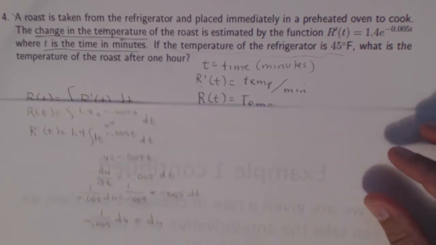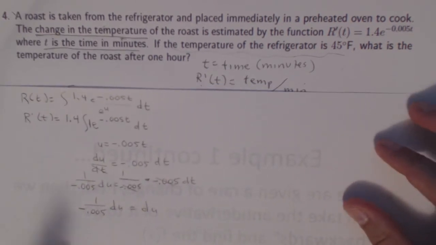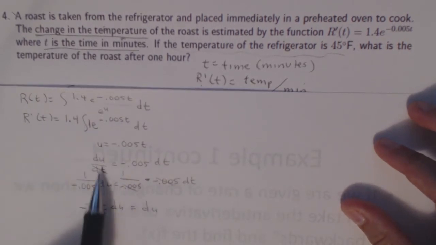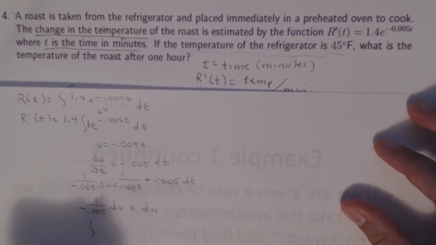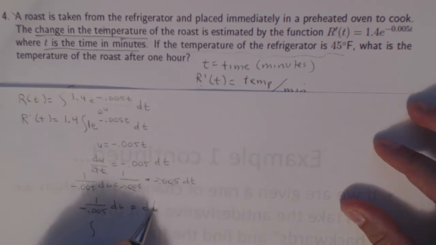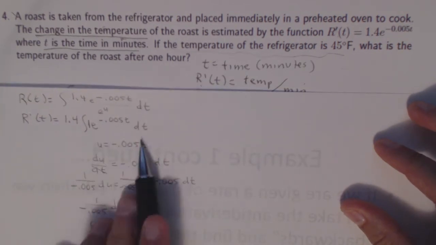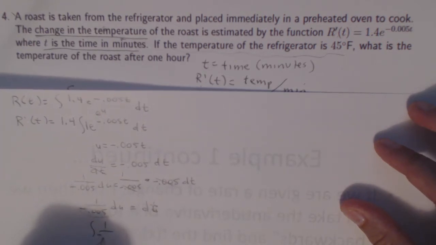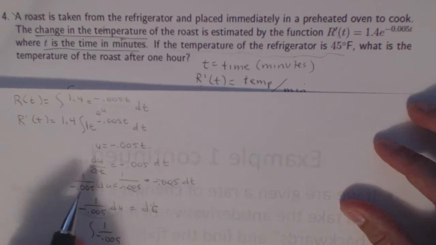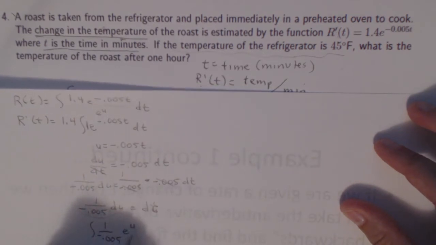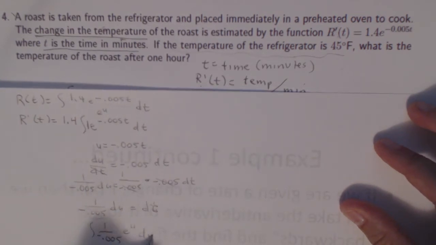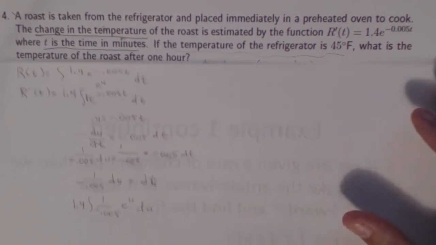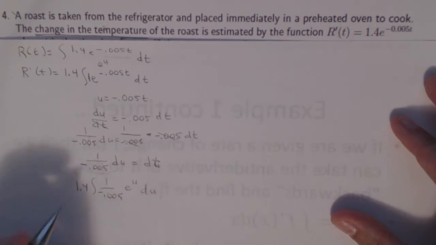So now I can substitute. So this is going to be the integral of, this 1 dt is going to get replaced. Excuse me, that should have been dt. This 1 dt is going to be replaced with this. So that's 1 over negative 0.005 e to the u du. And I got to bring that 1.4 down. Okay, so now this is a constant, so it can come out.